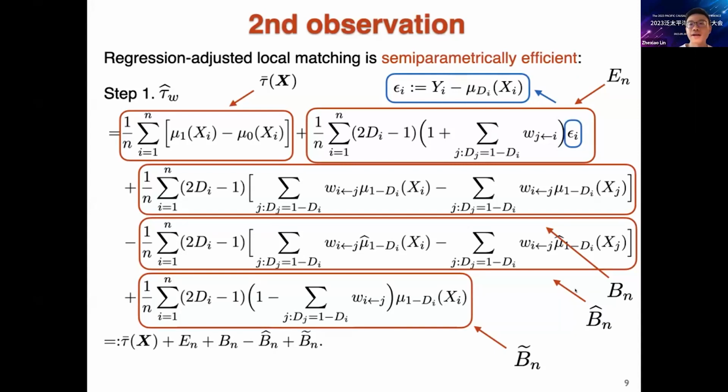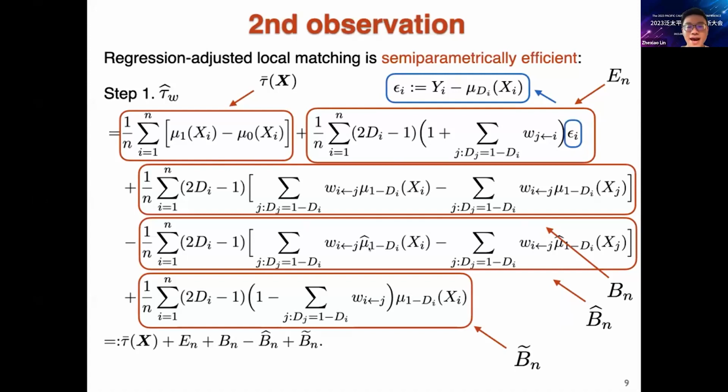Typically Bn is not of root n order. So if we want to have root n consistency and a central limit theorem of root n order, Bn should be corrected. So we incorporate a bias correction term, which is incorporated by the regression adjustment.